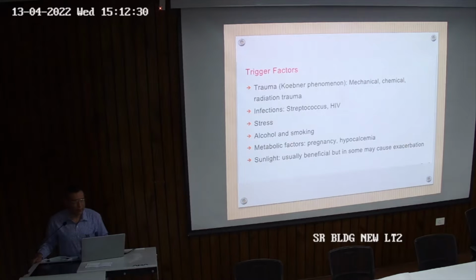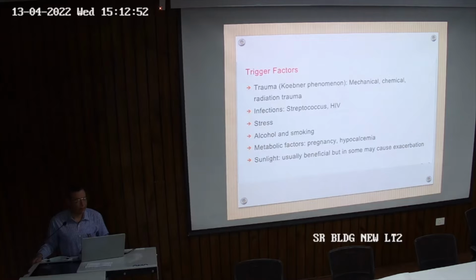This is called Koebnerization. Similarly, in case of vitiligo, if a patient is having vitiligo and suddenly he falls and gets scratches over the knees, then there are chances that vitiligo will appear on the traumatic part, mainly over the knees and whatever frictional areas. This phenomenon is called Koebnerization.